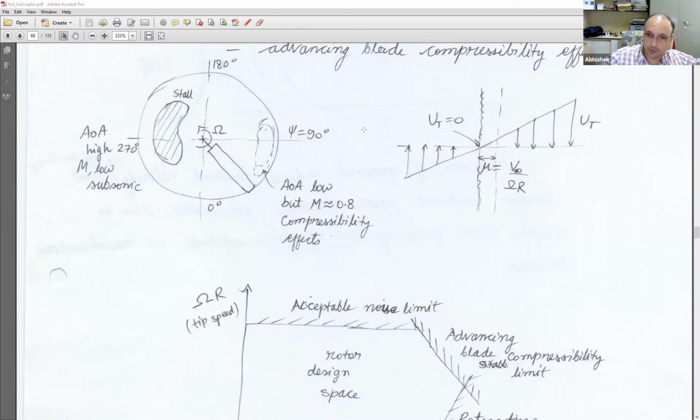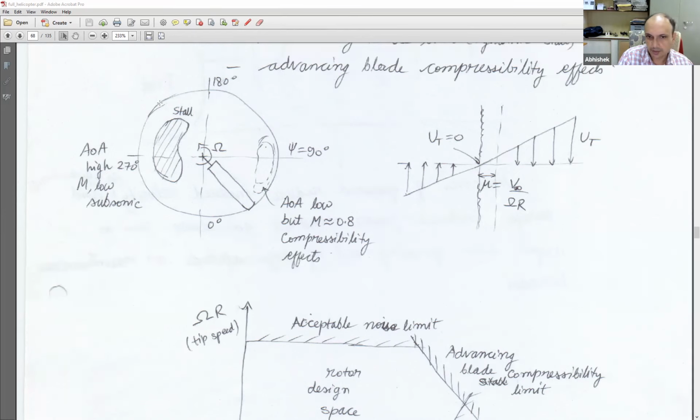So both sides are advancing in some sense because of two pairs of rotors. So it actually takes care of your torque compensation requirement also. So that is the idea. You reduce the tip speed, and that will allow you to fly faster, but with auxiliary lifting and auxiliary propulsion devices. Okay, that is the idea.